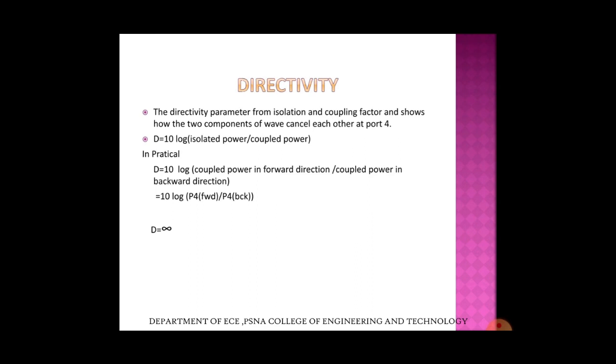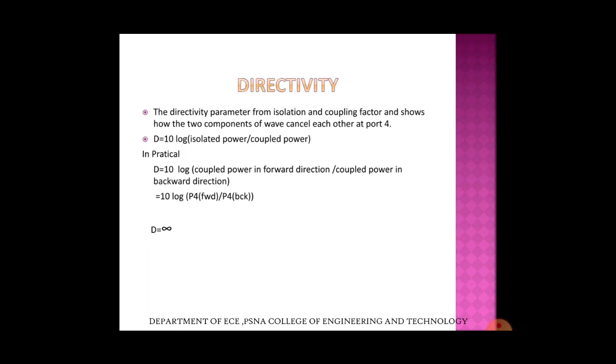Next is directivity. Directivity is a parameter related through the isolation and coupling power. D = 10 log of isolated power by coupled power. No power is obtained through port 3, it has 0 power. So D is equal to 0 obviously, but it is not applicable.